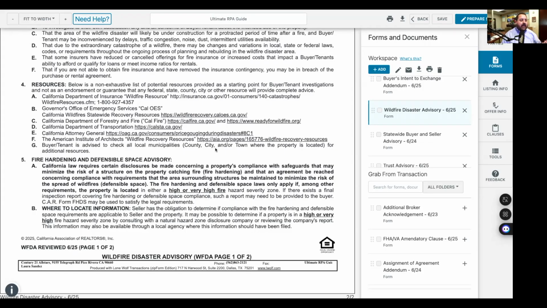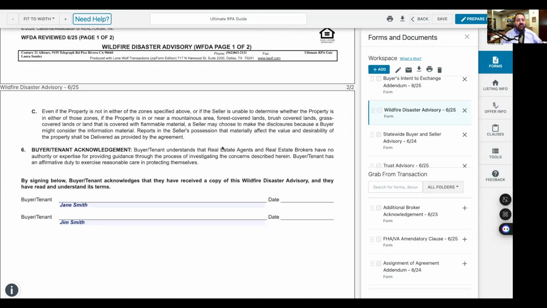If you're in an area that you believe may show up in a high fire zone, then I would put this in. Again, that goes back to being a listing agent, ordering reports and things early. If I get my NHD report before I start marketing and know ahead of time that it's in a high fire area, then I can incorporate this stuff into my counters, get the fire hardening disclosure filled out and work on it, instead of us getting caught off guard because we order our NHD after we get an offer accepted, and we find out in escrow that it's in a fire zone, right?